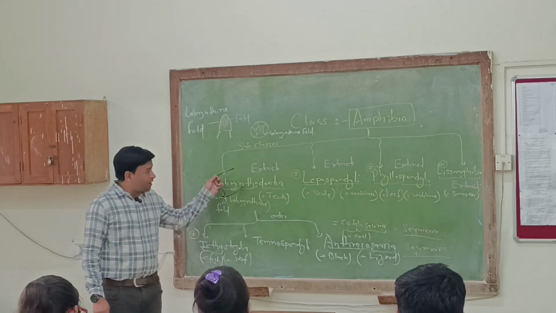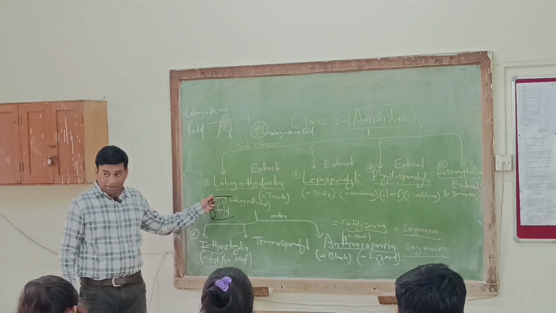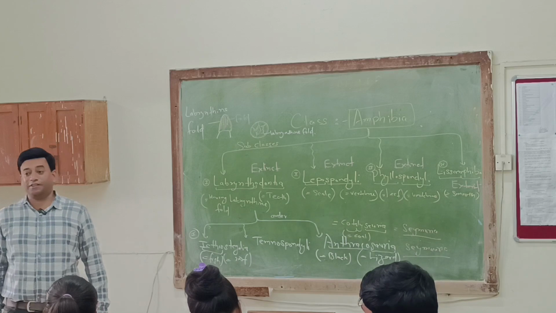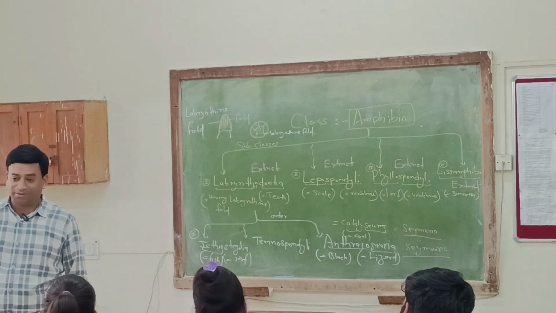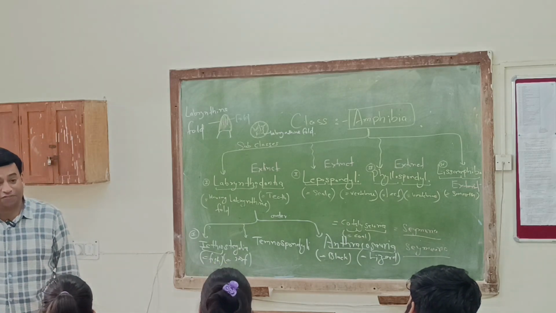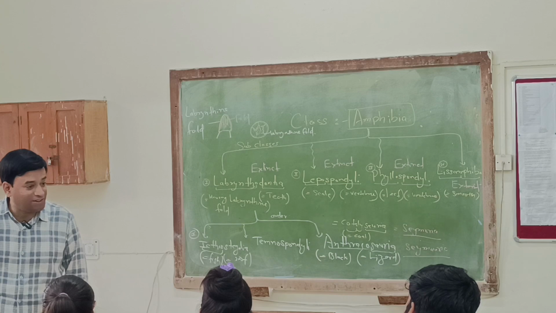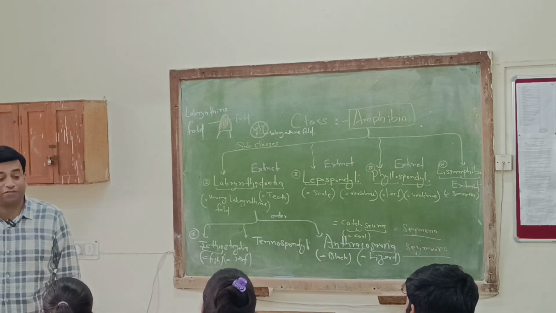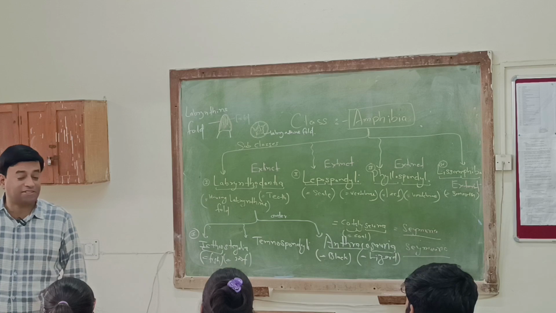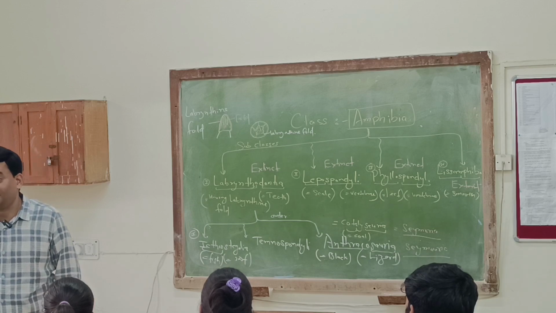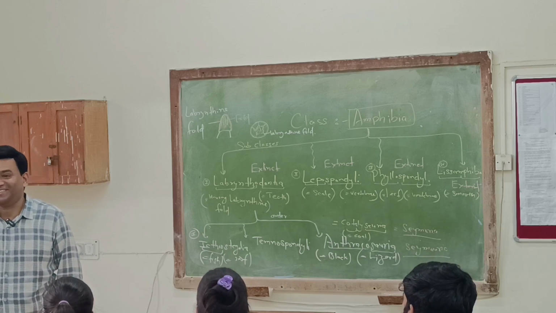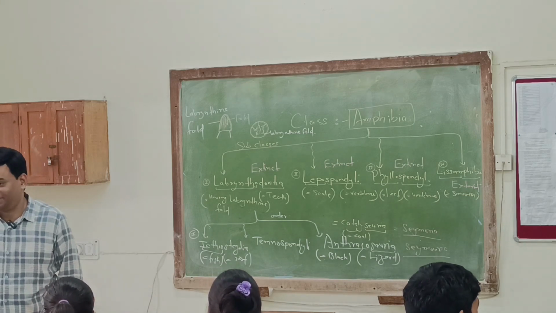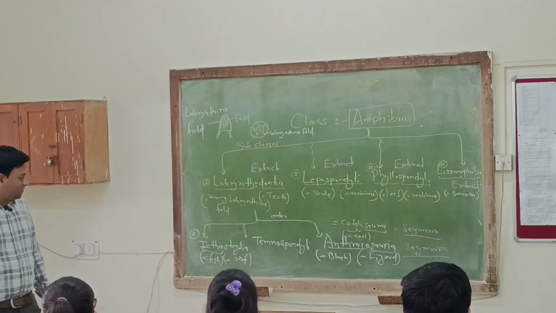This subclass Labyrinthodontia, in the Labyrinthodontia, Ichthyostegalia, and in the Ichthyostegalia, you have a very, very famous fossil link, connecting link, intermediate link, one of the great discoveries of the past 20-25 years, and the name is Tiktaalik roseae.